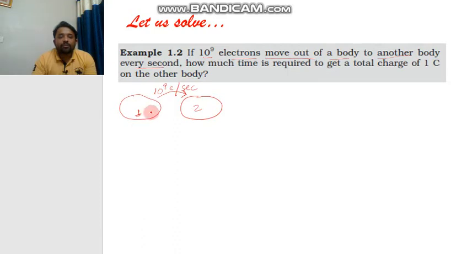So first we will find out that if 10 power 9 electrons are getting transferred from body 1 to body 2 in 1 second, then how much charge do they actually carry? So we know that charge on one electron is minus 1.6 into 10 raised to power minus 19 coulomb.